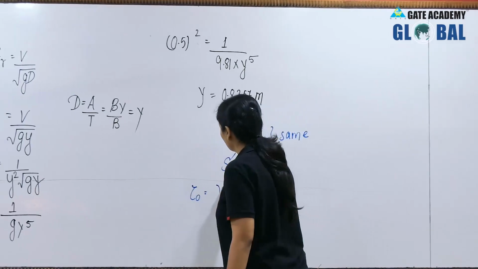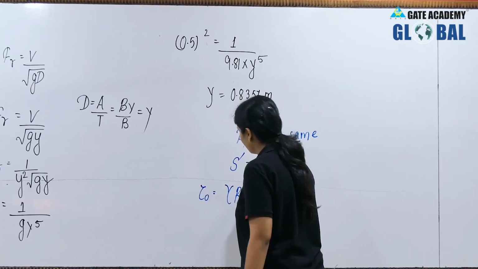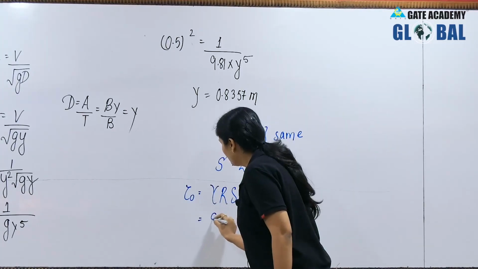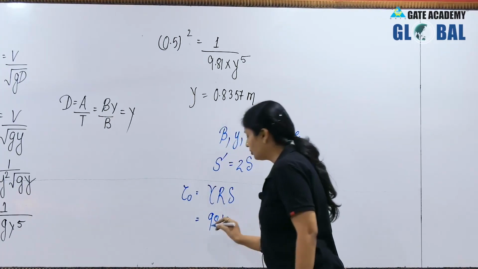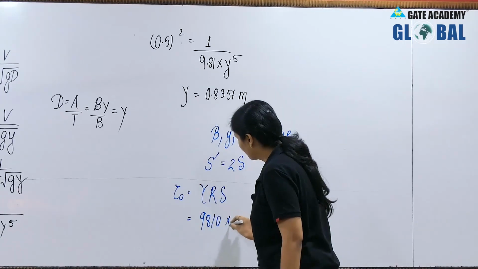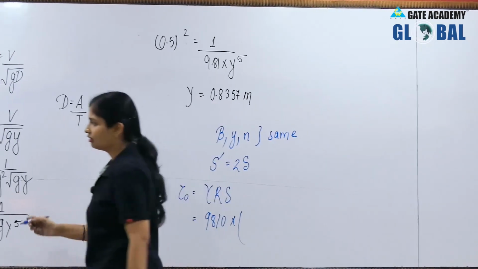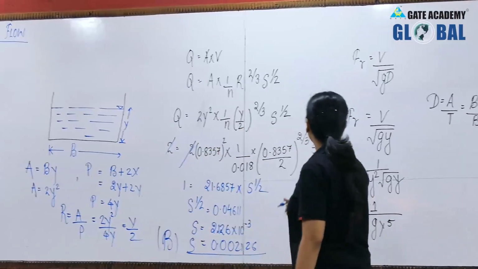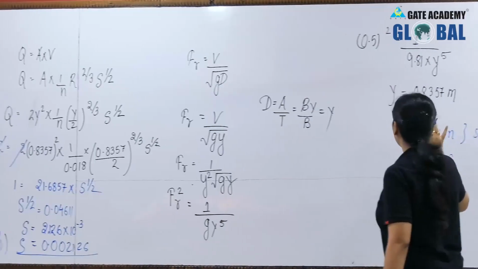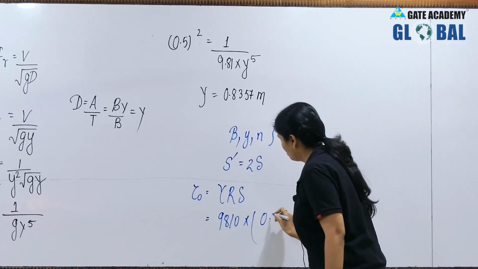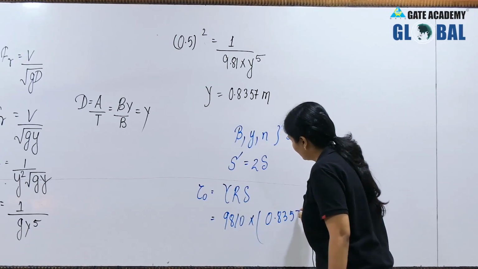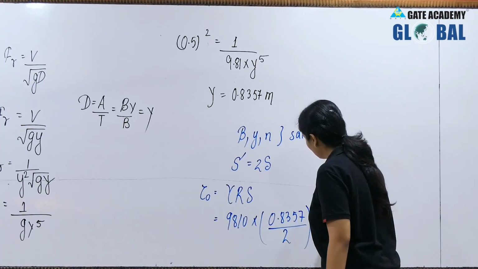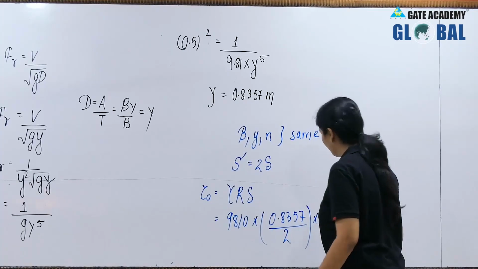So tau naught is equal to, you know that it is gamma RS, and it has asked in Newton per meter square. So you will put it here 9810 Newton per meter cube. R is what? You have seen it here, I have done it already. It's y by 2. And what is y? That also you have calculated, 0.8357. So 0.8357 divided by 2. And slope you got it as 0.0021.